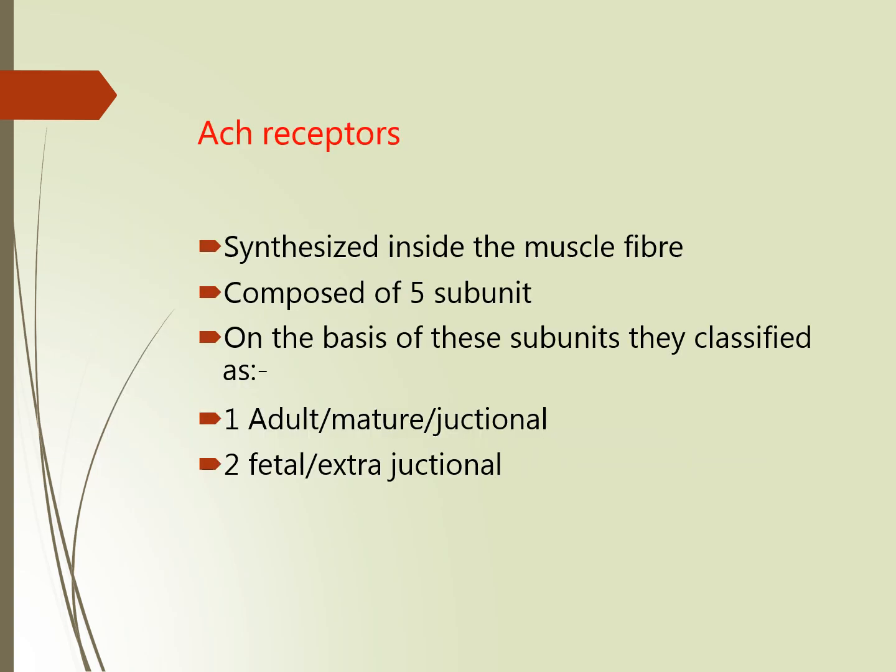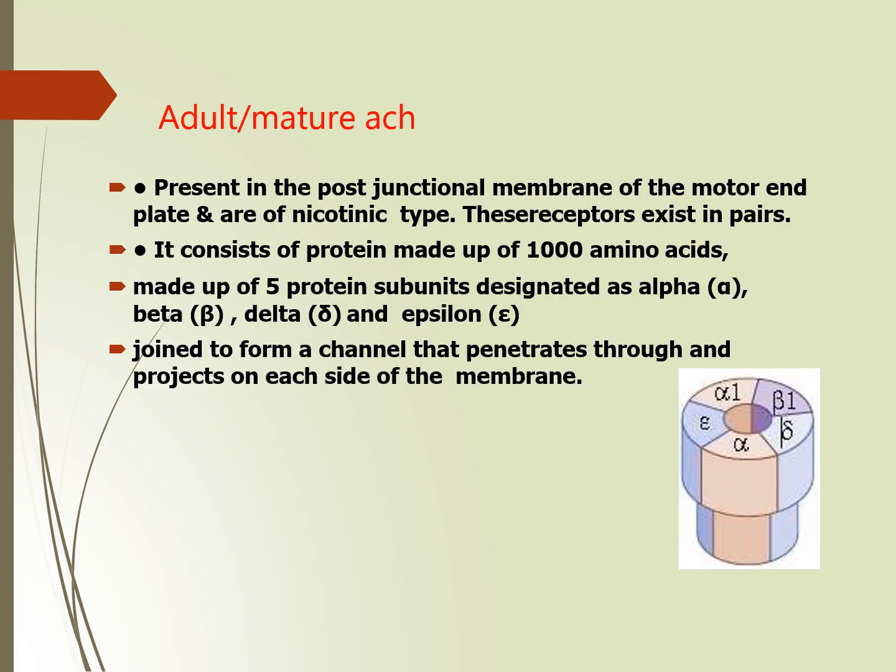Okay, so we will see briefly about the ACh receptors. They are synthesized inside the muscle fiber. It is composed of 5 subunits, and on the basis of these subunits, they are classified as adult, mature or junctional, and fetal or extrajunctional. Today we will see only the adult or mature acetylcholine receptors.